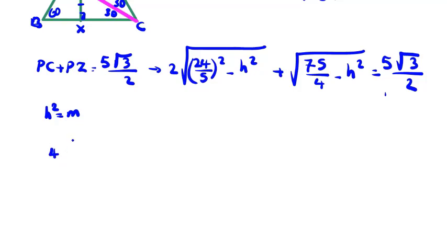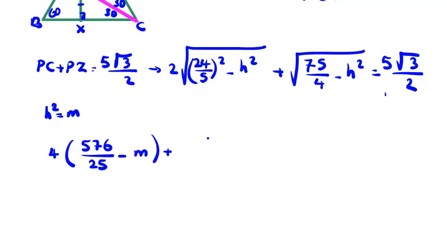So it will be 4 times 24 squared. I told you before in my previous videos, memorize 1 squared to 31 squared. It helps you. It will be 576 over 25 minus m, where I called h squared equals m.